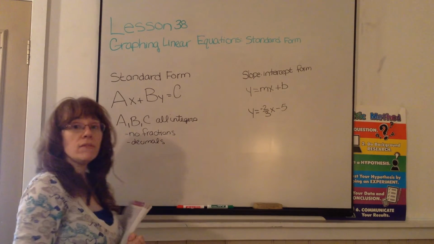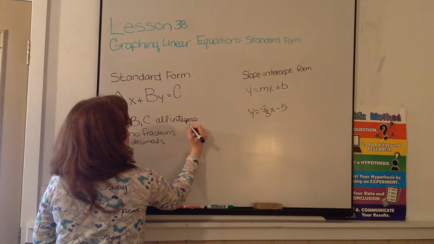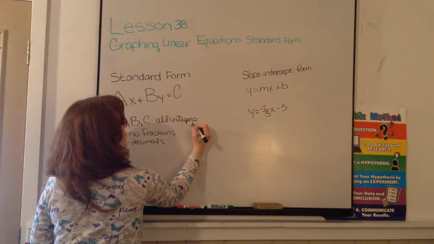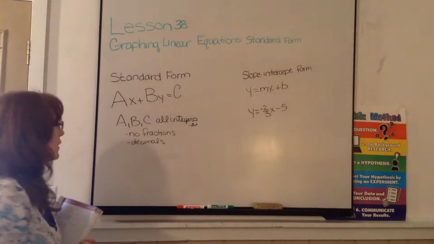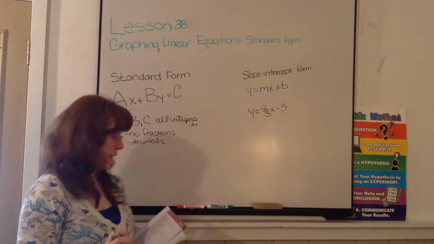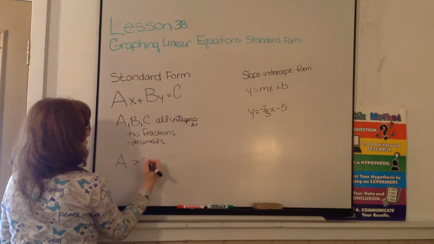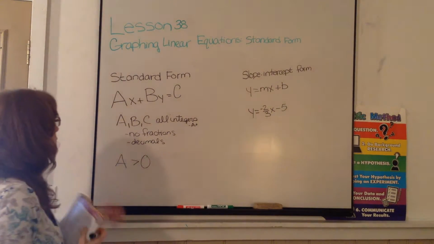They can be positive, they can be negative, and they can be zero. So you can have a negative integer, you can have 0, or you can have a positive integer. The next rule that you need to know is that a is always greater than 0.